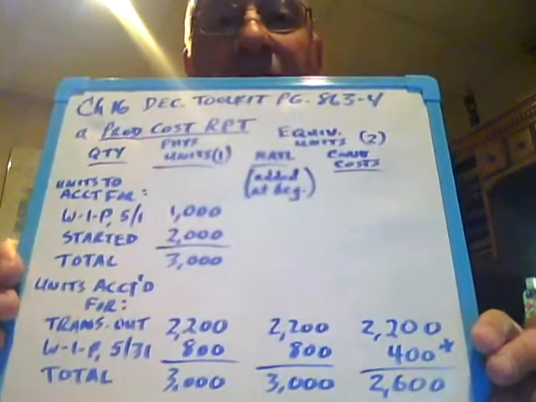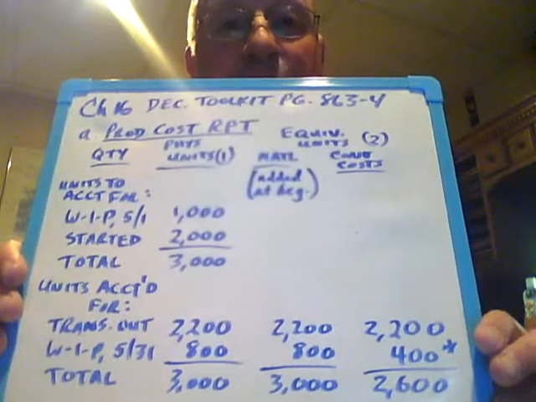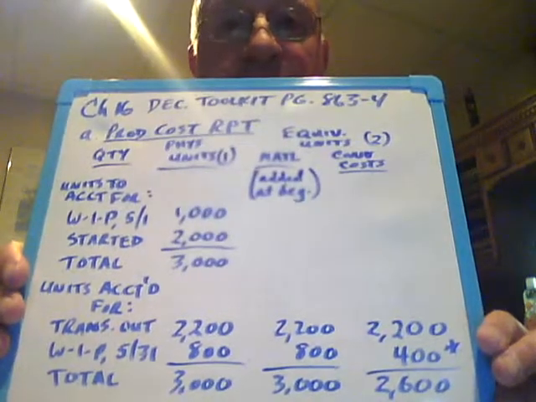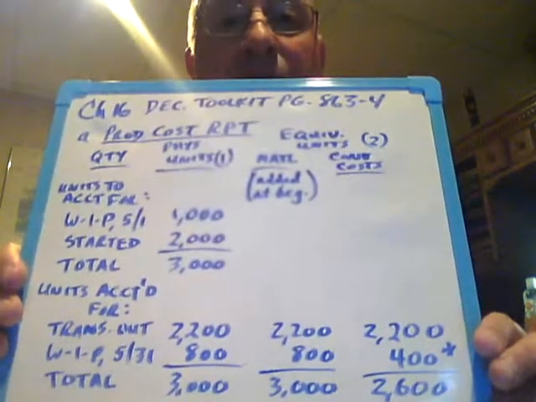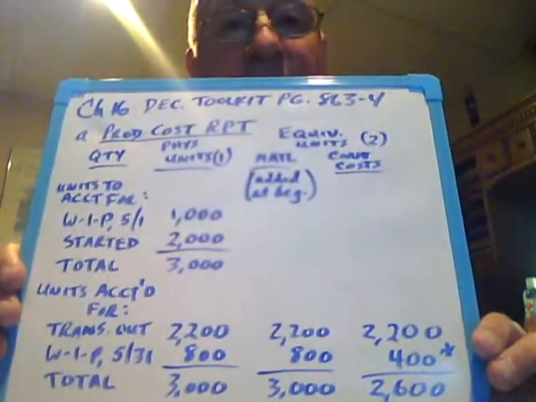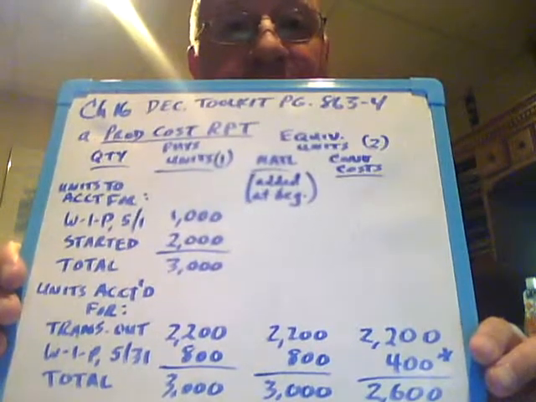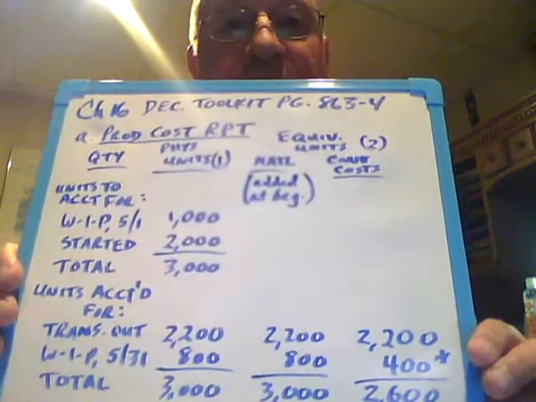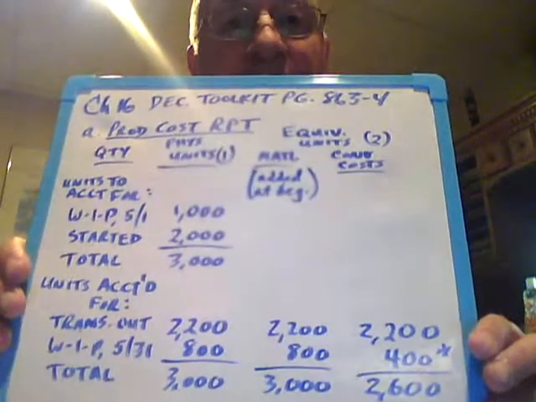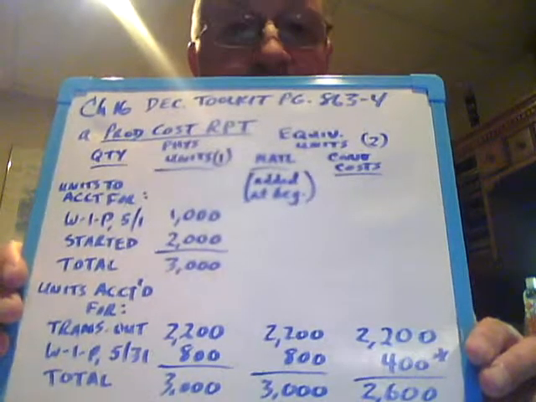So with that in mind, as we drop down to the units accounted for rows here, and then to the equivalent units columns for materials and conversion costs, we can see that for materials, the number of equivalent units is the same as the total number to account for. That is the 2,200 transferred out and the ending work in process of 800, because again the materials are added at the beginning, so they are basically 100% complete as to materials.